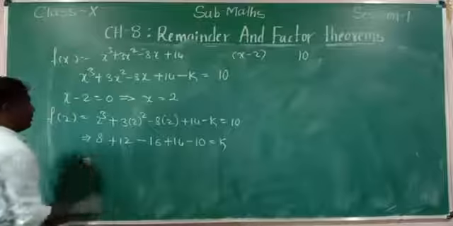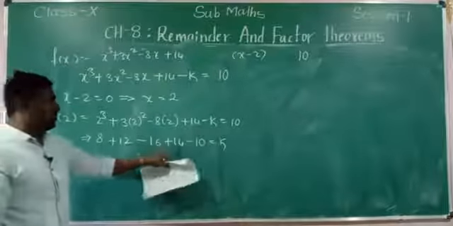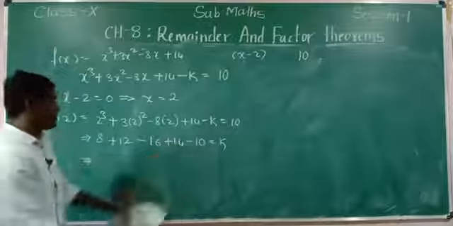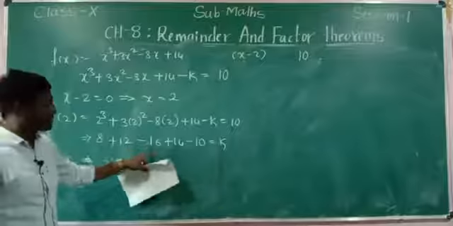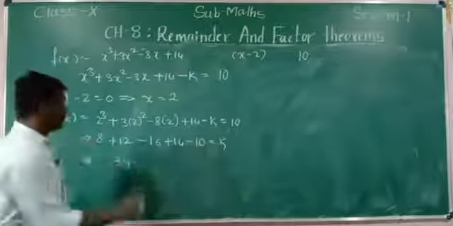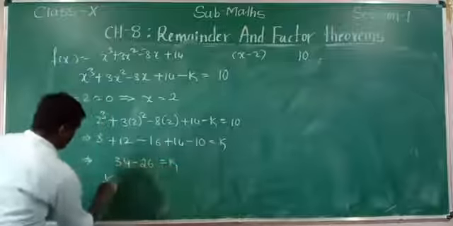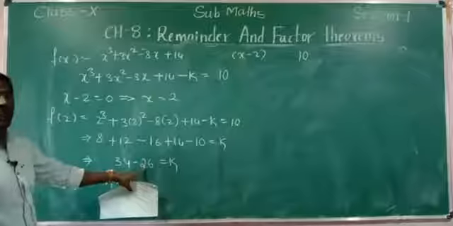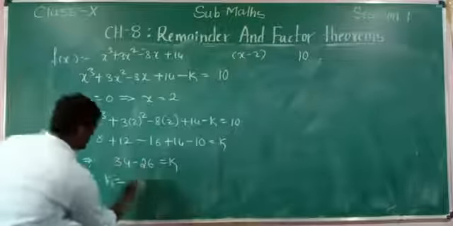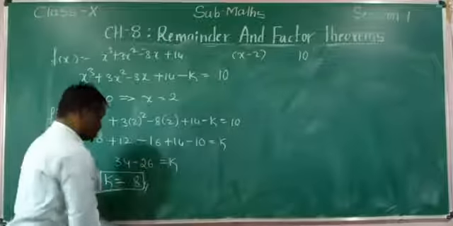Now 8 plus 12 is 20. 20 plus 14 is 34. Now add the negative values: minus 16 minus 10 is minus 26, which is equal to k. K is equal to 34 minus 26. K is equal to 8. So this is the required number.